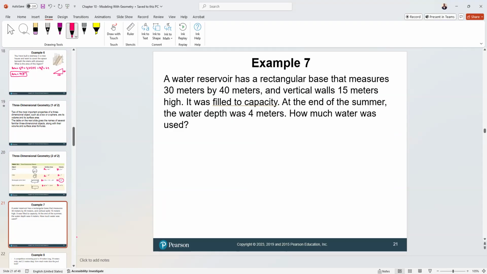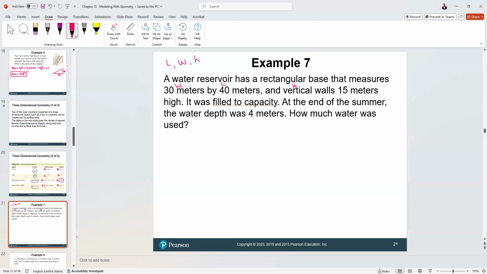Remember, rectangular, so we have the length, the width, and the height. The vertical is the height. It was filled to capacity. At the end of the summer, the water depth was 4 meters. How much water was used?